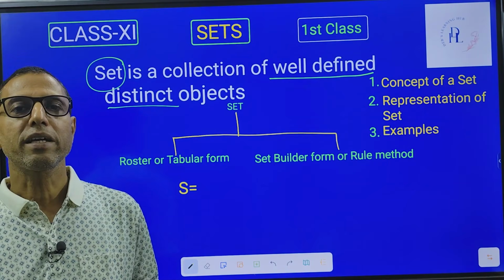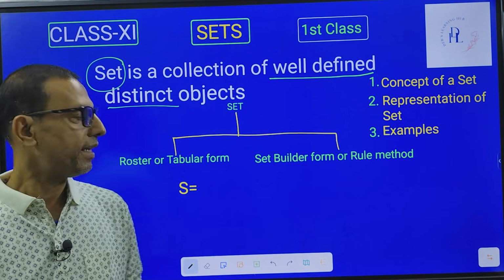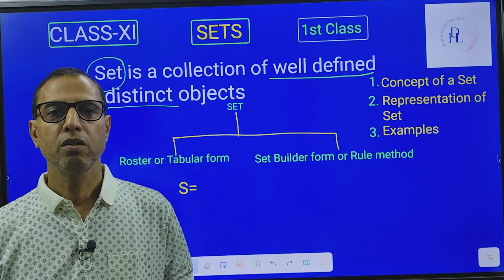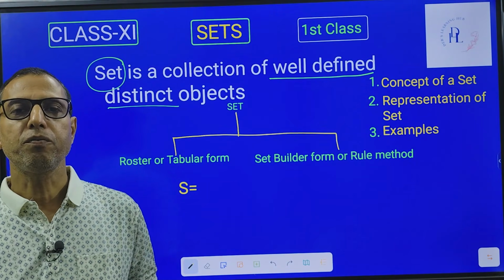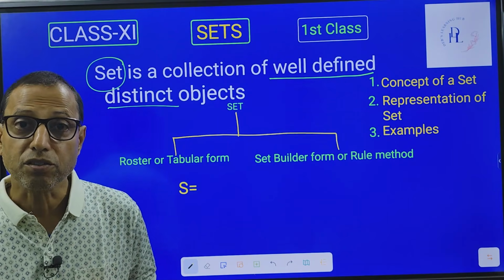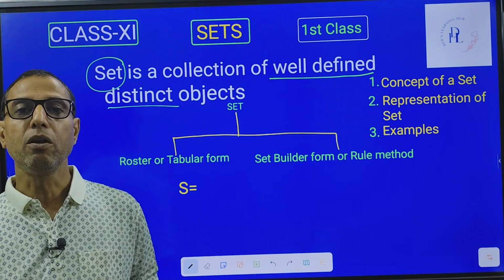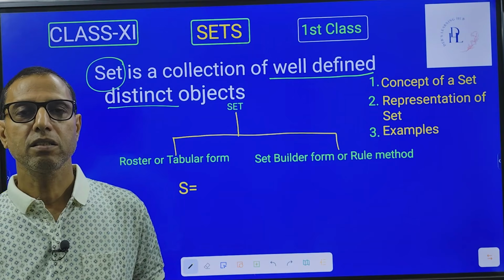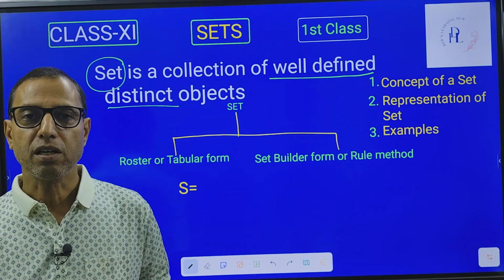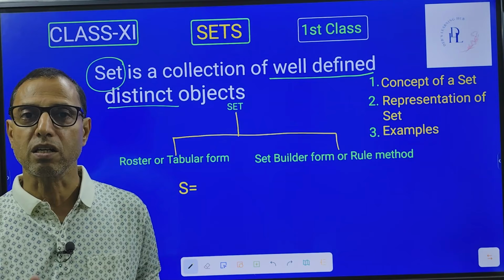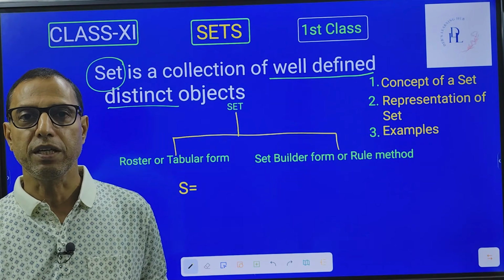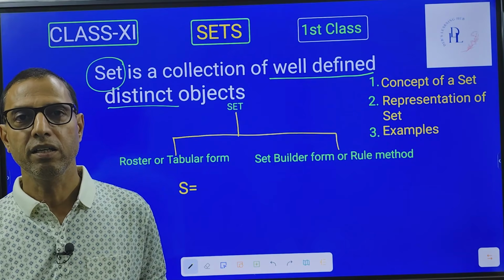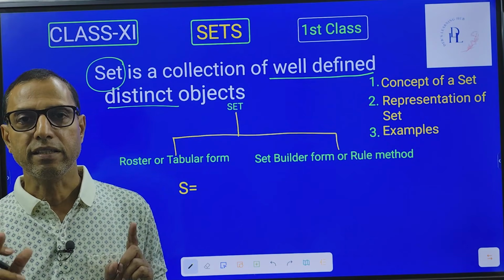Suppose you are asked to express in roster form the set S, a group of prime natural numbers below 15. Natural numbers start from 1, but the first prime number is 2. So 2, 3, 5, 7, 11 and 13.